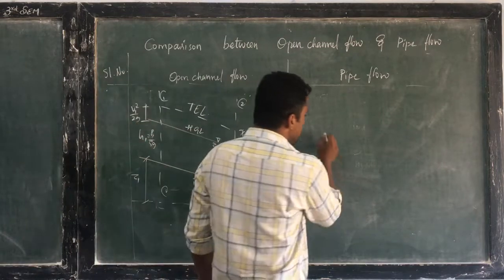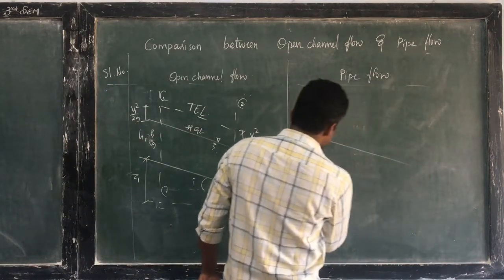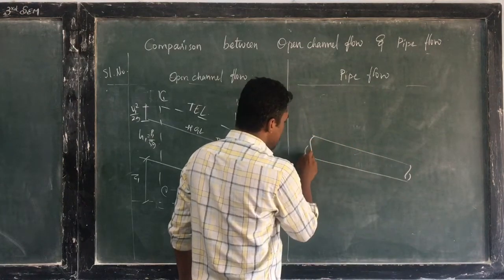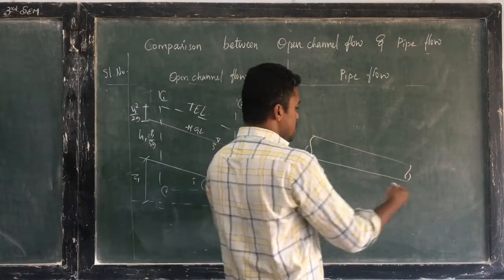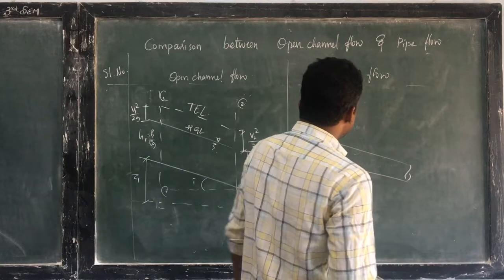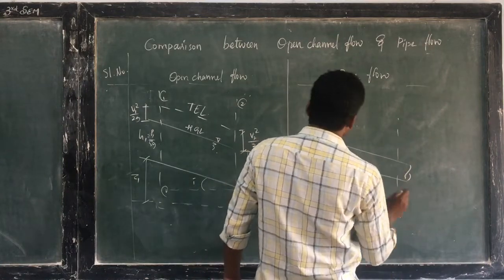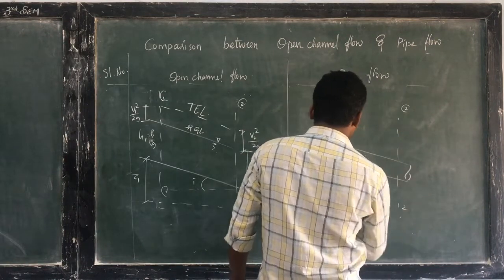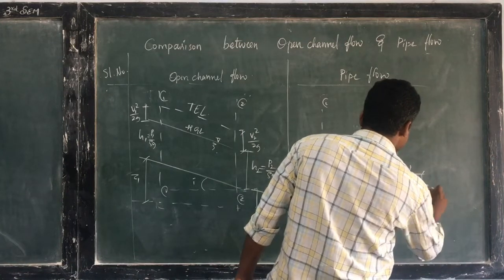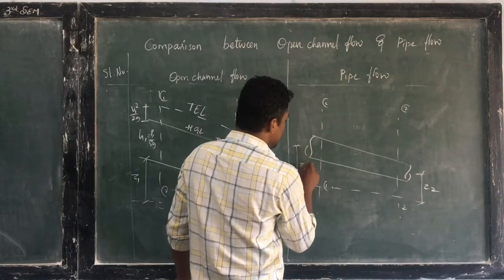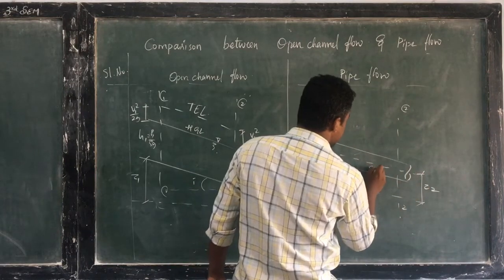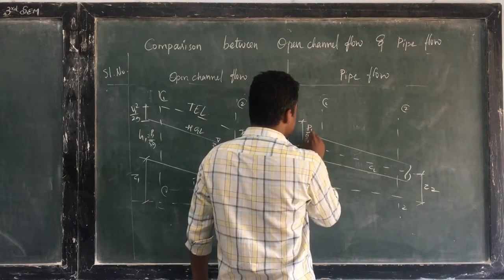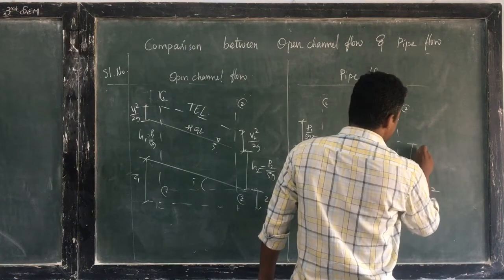If you take pipe flow, again I will draw the longitudinal section. I am taking a varying diameter pipe so that you can understand the sectional properties at different levels. Section 1, section 2. Of course, if you take a common datum, then this is Z2 and this is Z1. This is the center line of the pipe, and we have P1 by rho g here and P2 by rho g.